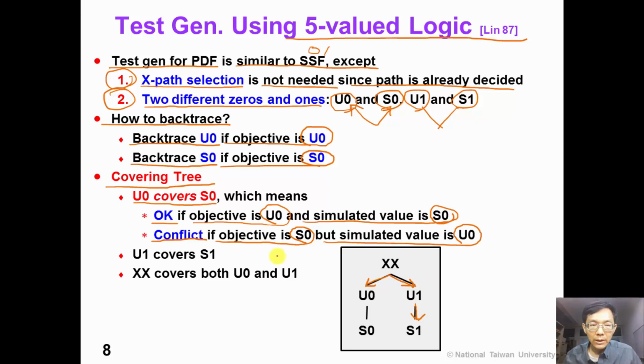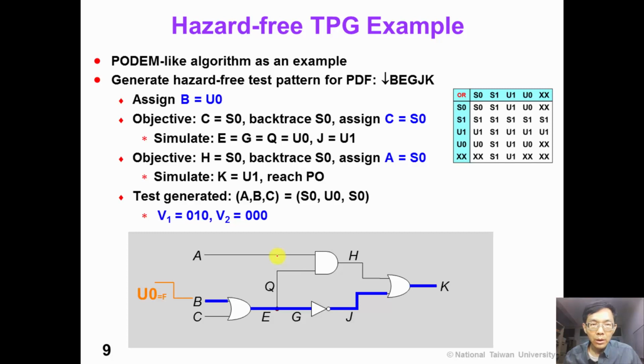So let's see an example to generate hazard-free test patterns. Let's use a PODEM-like algorithm as an example. Suppose we want to generate a hazard-free test pattern for the path delay fault BEGJK, which is highlighted in blue color.